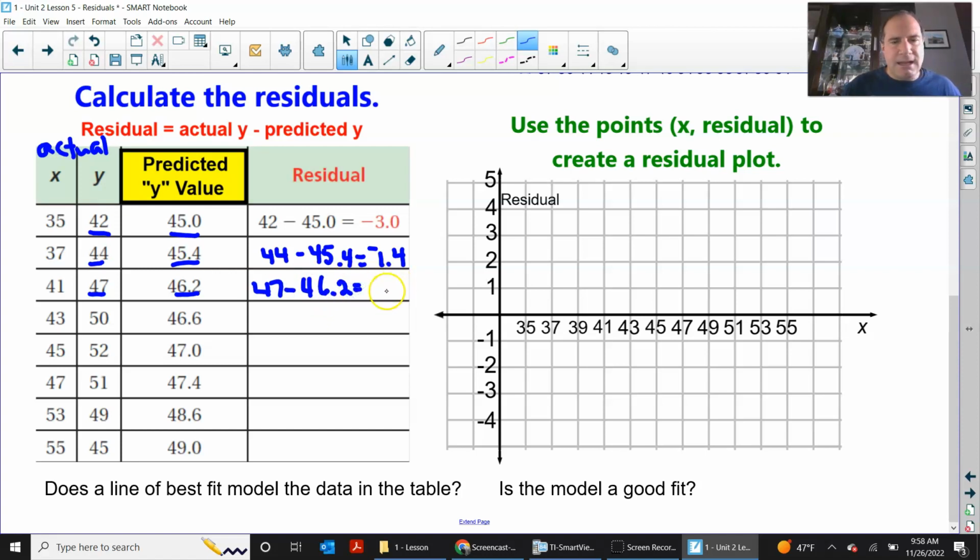And we are going to say that that is a 0.8. And then we're going to get 50 minus 46.6. And we're going to say that's a 3.4. 52 minus 47.